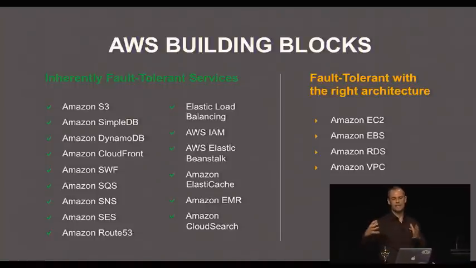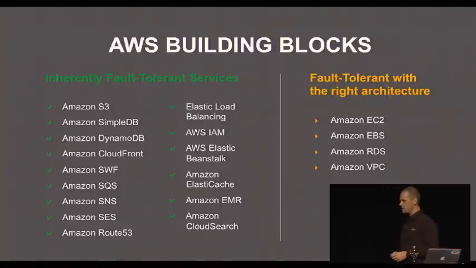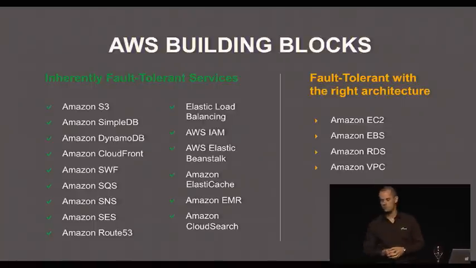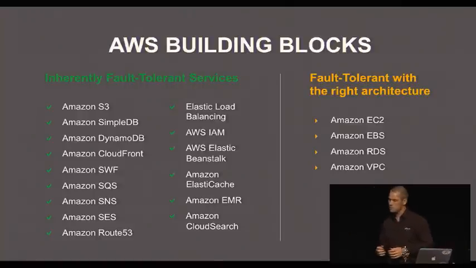Because while the service itself is tolerant to failure, that particular instance is sitting on physical hardware somewhere inside of the AWS infrastructure. And as Werner said, everything fails all of the time. So it's important to know which services are inherently fault tolerant and which ones we actually need to pay some attention to when we're architecting our systems.